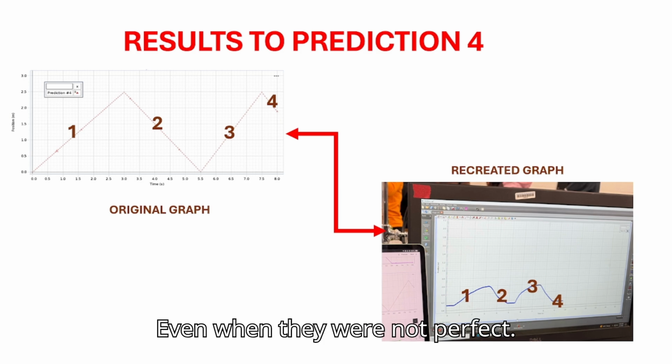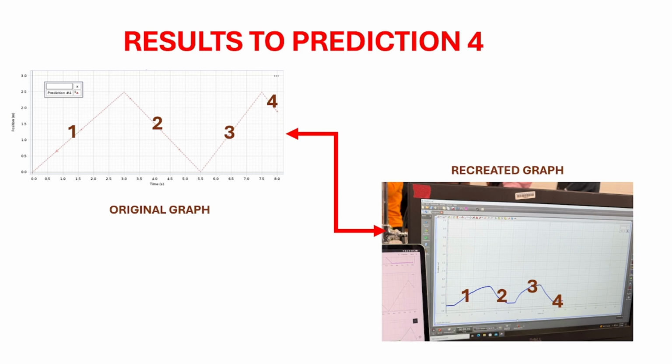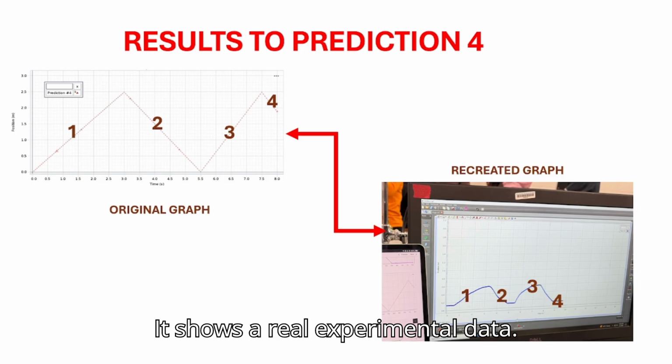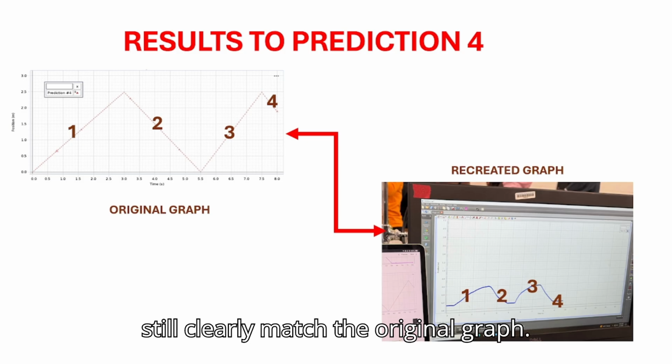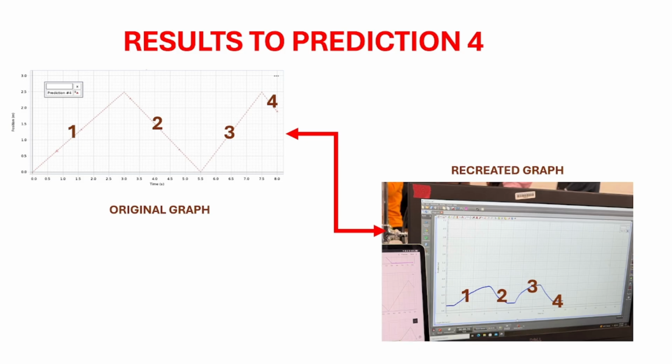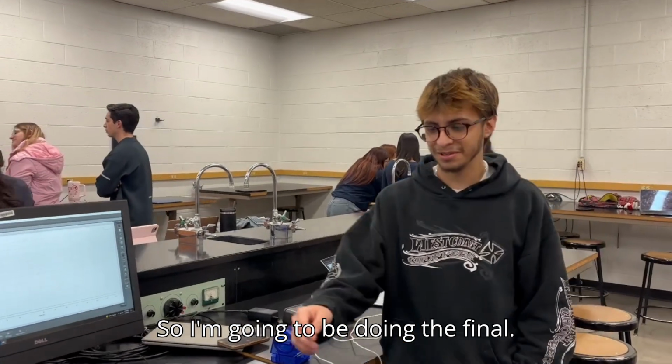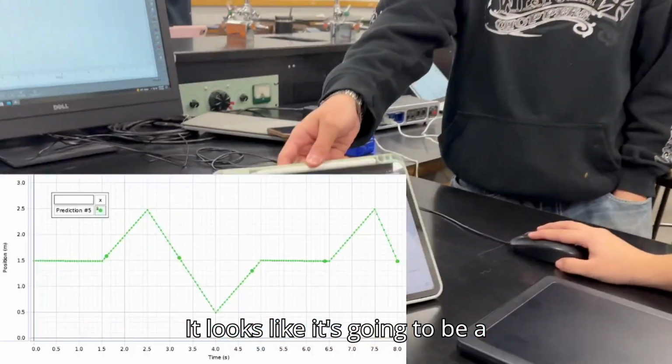Even when they were not perfect, it shows real experimental data. Because of this, the lines are a little less smooth, but the direction changes and relative speed still clearly match the original graph.